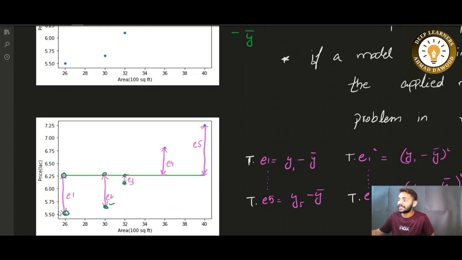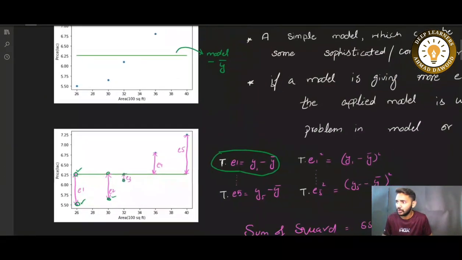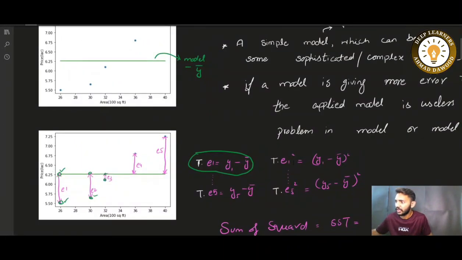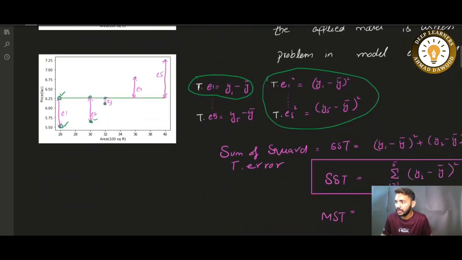Consider the total error between actual and prediction, error 1, 2, 3, 4, 5. As we do to ignore the sign, we take squares, and now we add them up to get the sum of squared total errors.